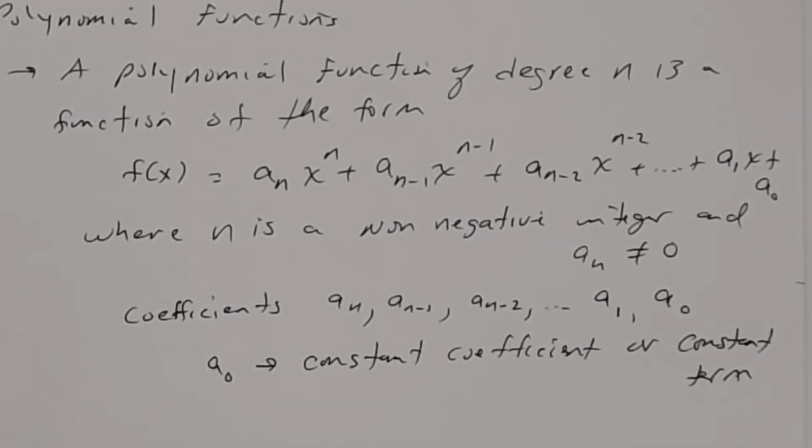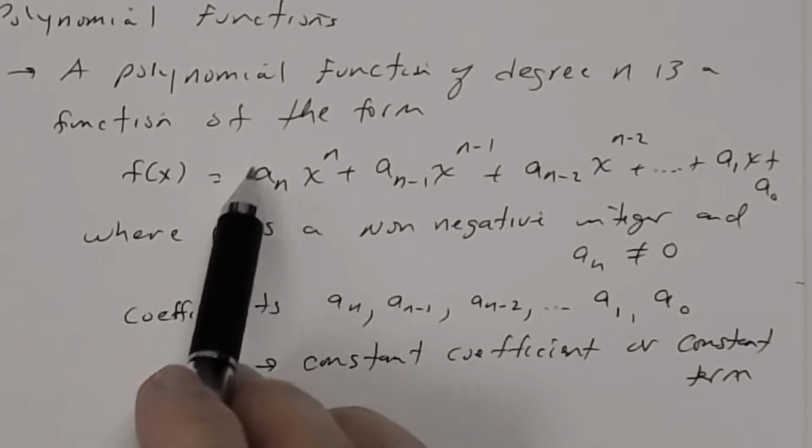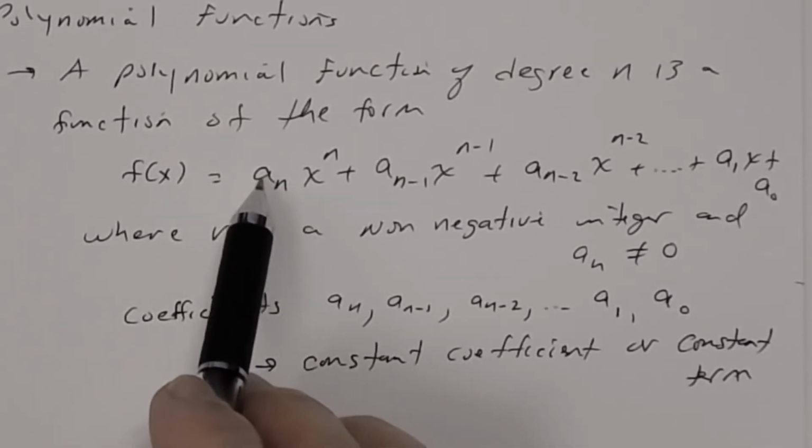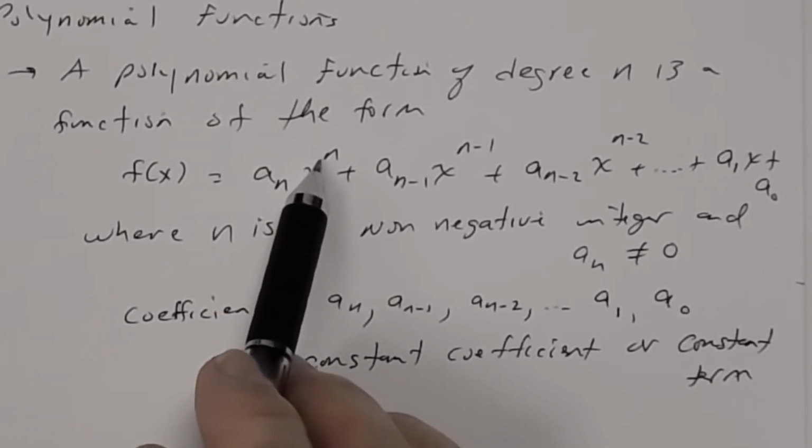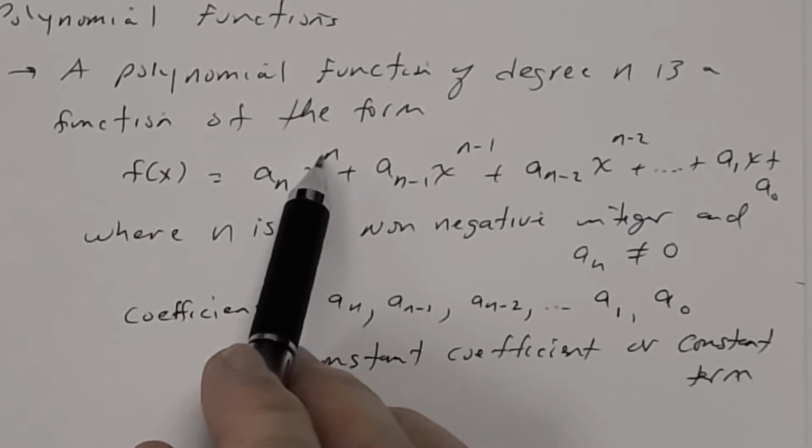Okay, and the number a sub n, this right here, is the coefficient of the highest power. So this would be the largest exponent.